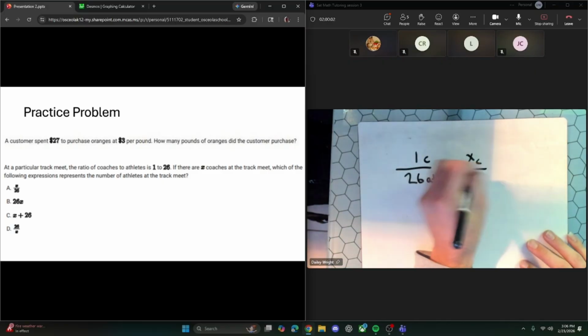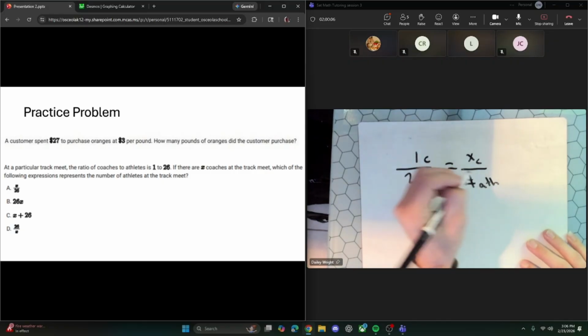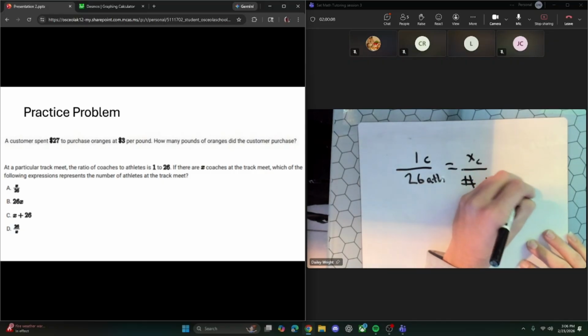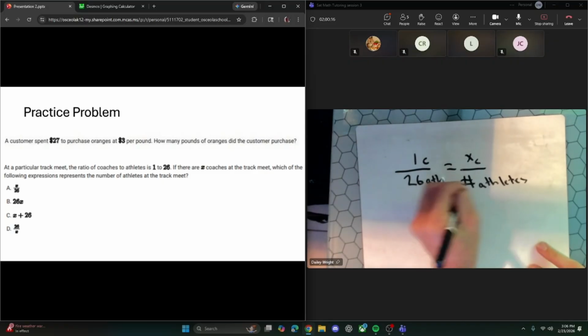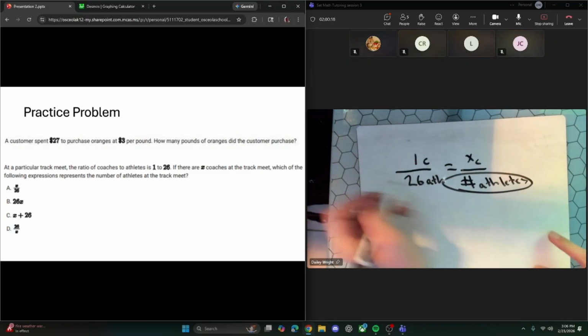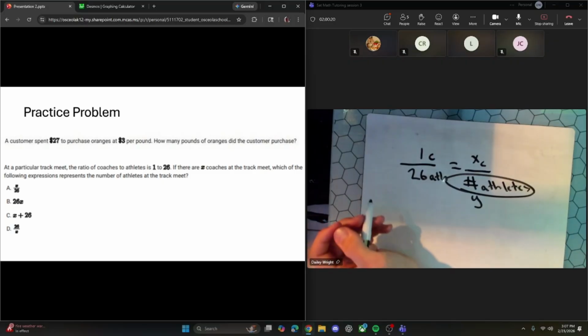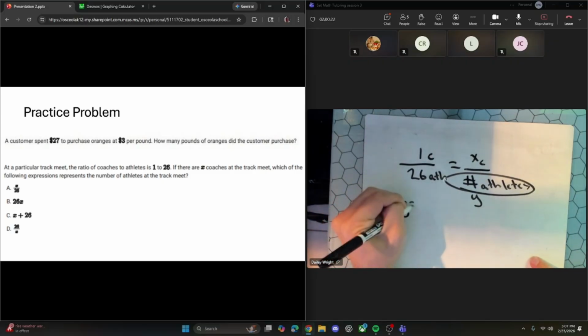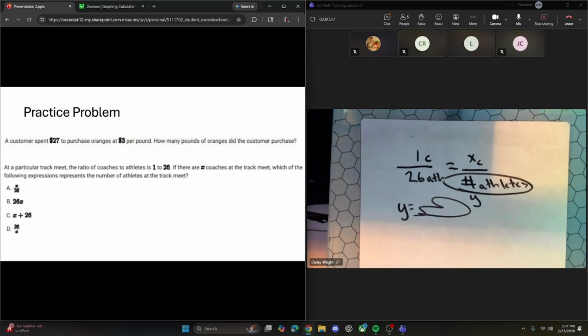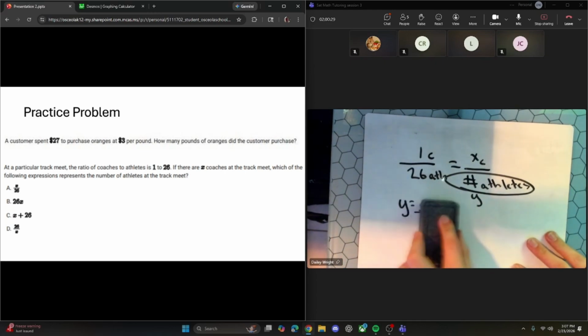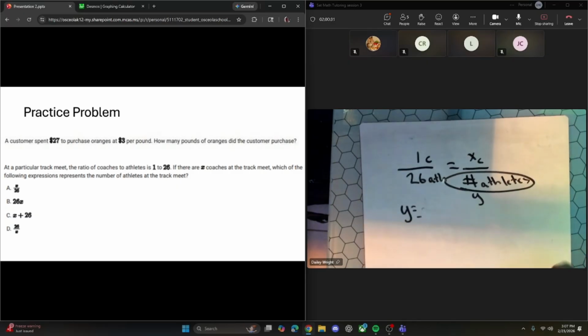We're looking for the number of athletes, so I'd set this equal to y. We want y equals, and then the rest of the equation, so we're going to get y by itself.